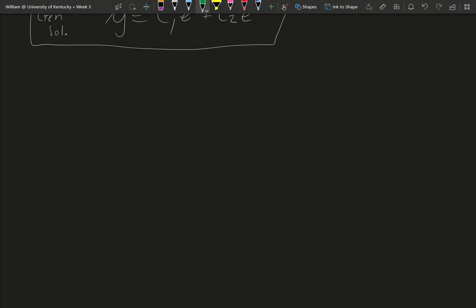So let's sort of think about this. Let's look at the Wronskian of, let's say we were solving these equations and we got e to the r1t and e to the r2t, and we compute the Wronskian.